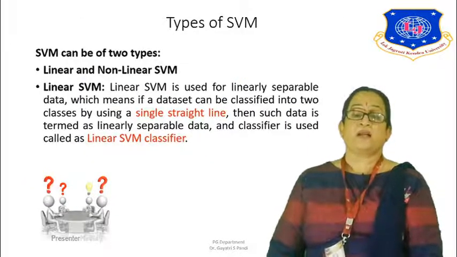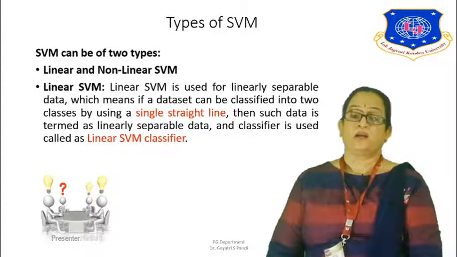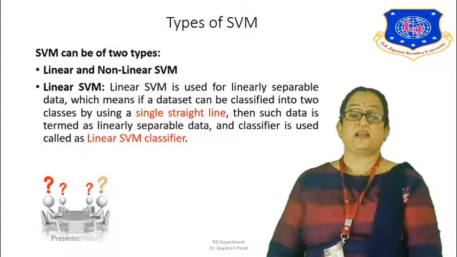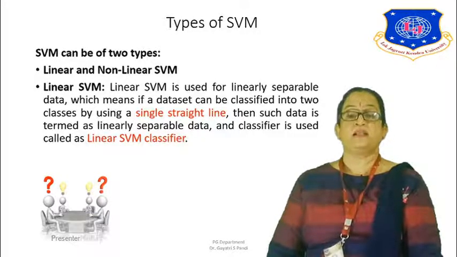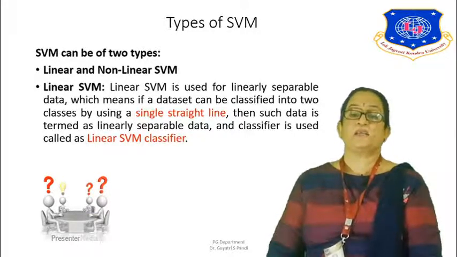Now, as we have linear data and non-linear data, SVM is also going to be of two types, that is linear and non-linear. Linear SVM works with linearly separable data, which means that if a data set can be classified into two classes by using a single straight line, then such data is termed linearly separable data, and the classifier is called a linear SVM classifier.